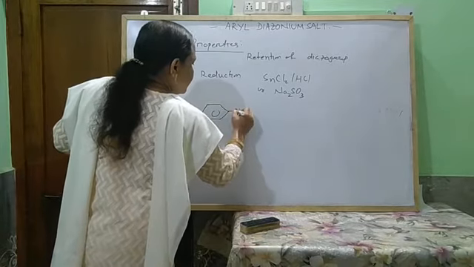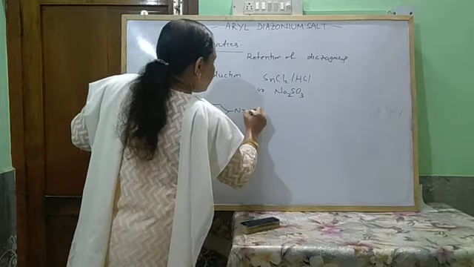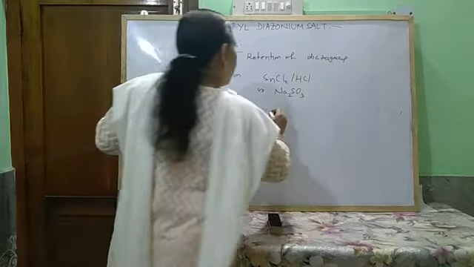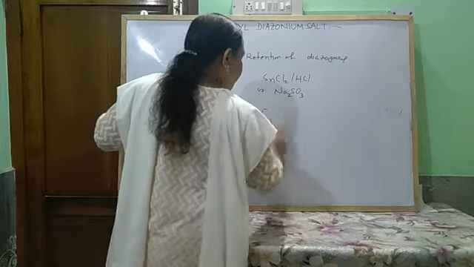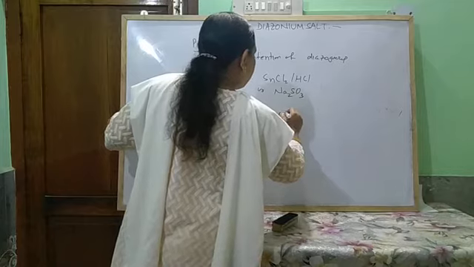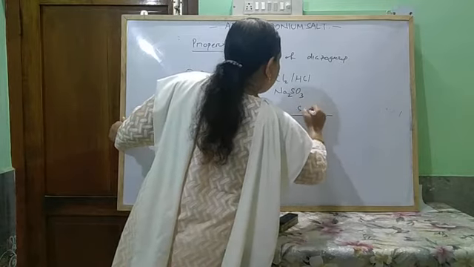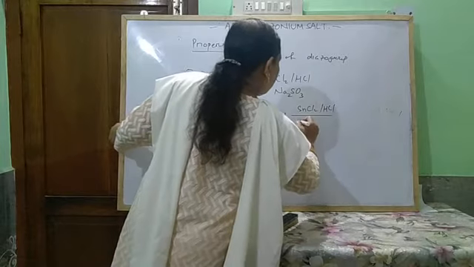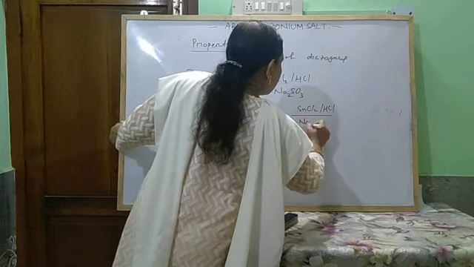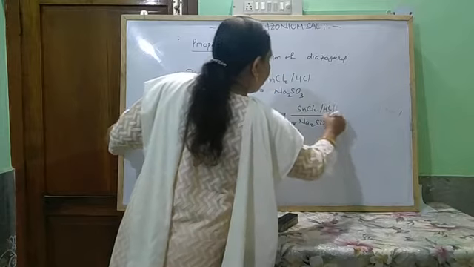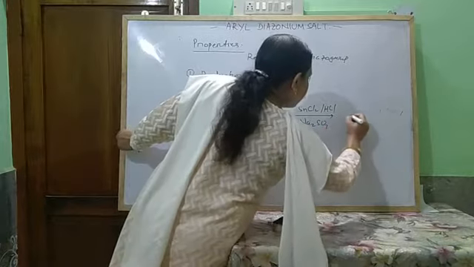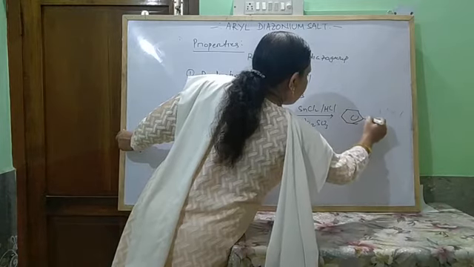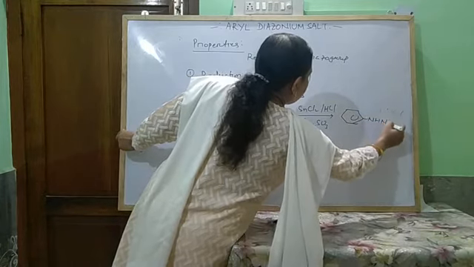This is N plus Cl minus. When this is reduced with either SnCl2 in presence of HCl or sodium sulfide, it forms NH2.